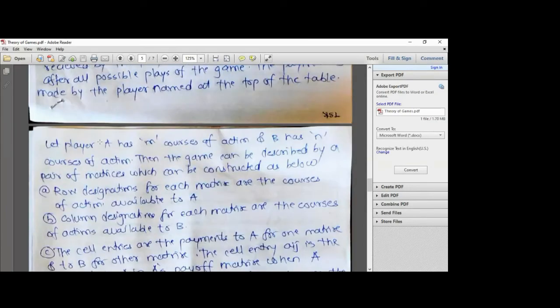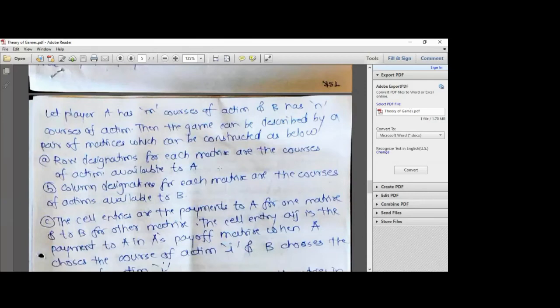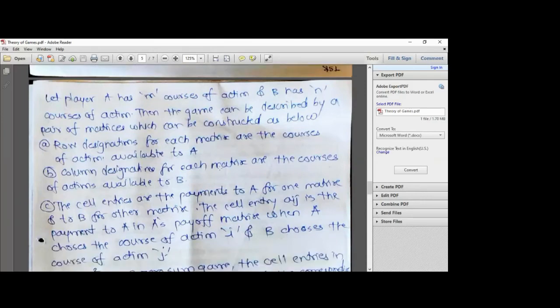Let player A have m courses of action and B have n courses of action. So player A has m courses of action and player B has n courses of action. Then the game can be described by a pair of matrices which can be constructed as below.